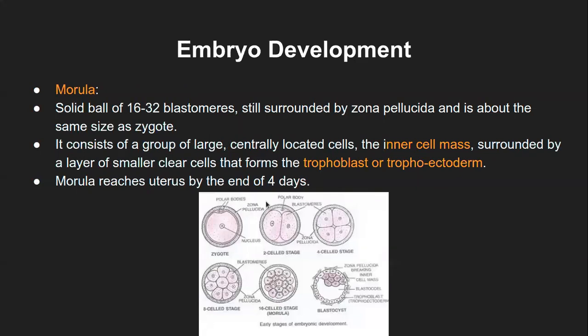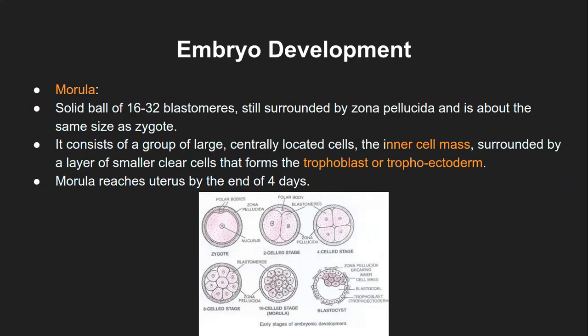Now we'll just quickly look at this morula, and then I'll take any questions if you have. So morula is a solid ball of 16 to 32 blastomeres. That means one cell has formed two, then four, then 8, 8 to 16, and 16 to 32.